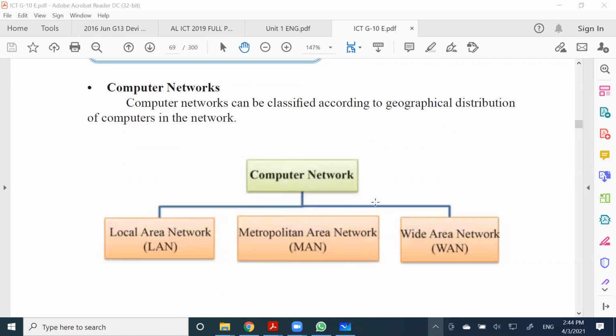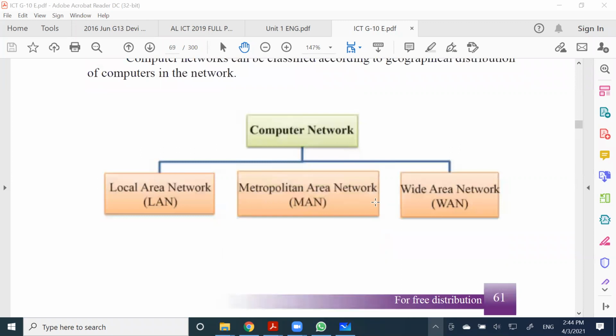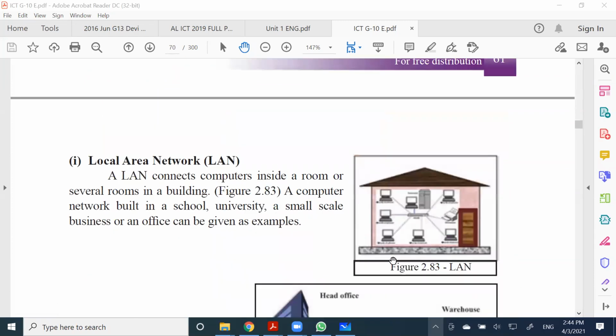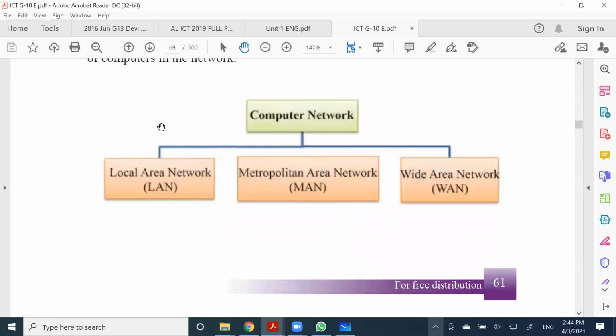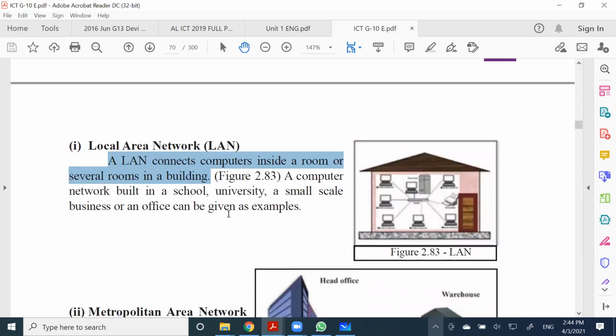Right. So if you are done, let's write the things under these categories. So under the local area network, write this sentence under this in your diagram. Write this sentence.